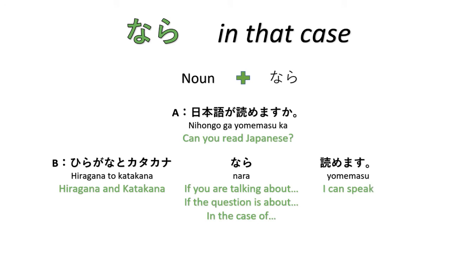If the question is about hiragana and katakana, in the case of hiragana and katakana, yes, I can read Japanese. In this situation, a smaller part, namely hiragana and katakana, is brought up and contrasted with a large area, namely the language as a whole.